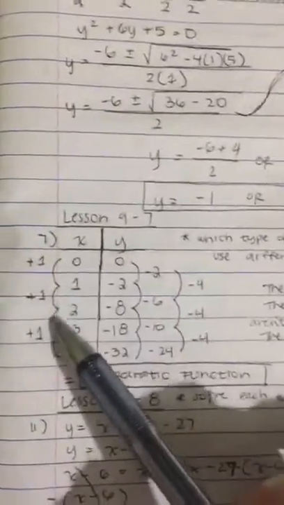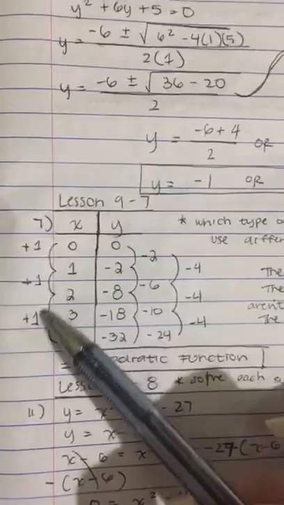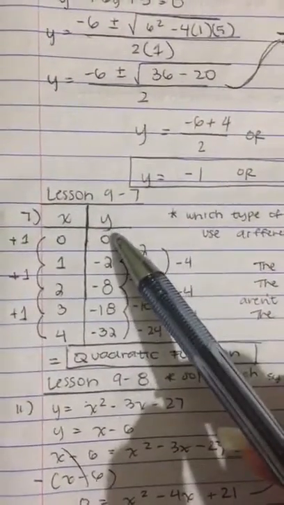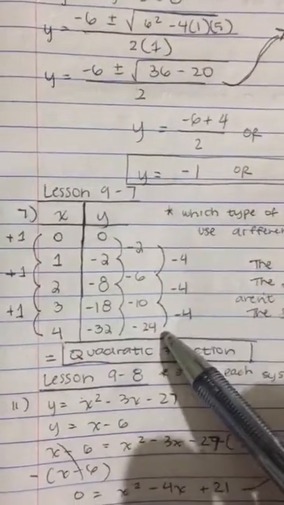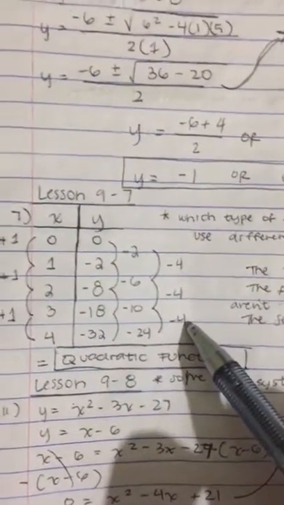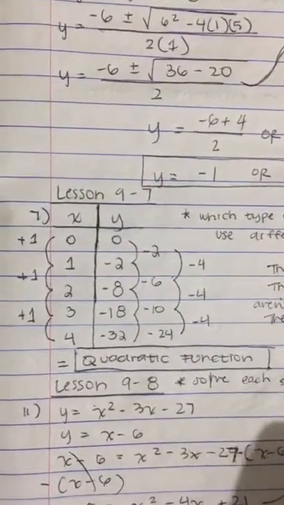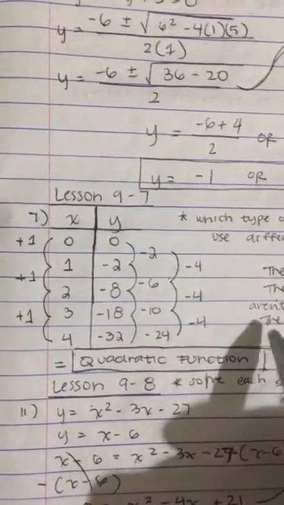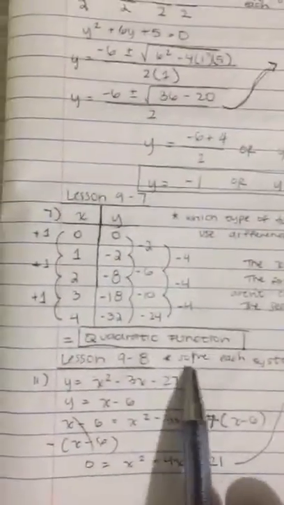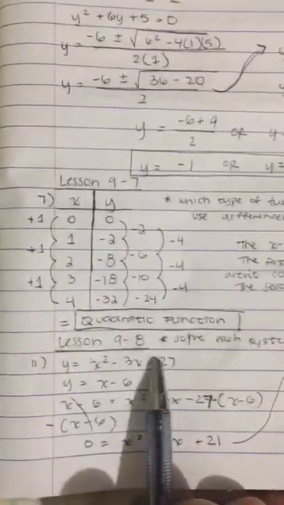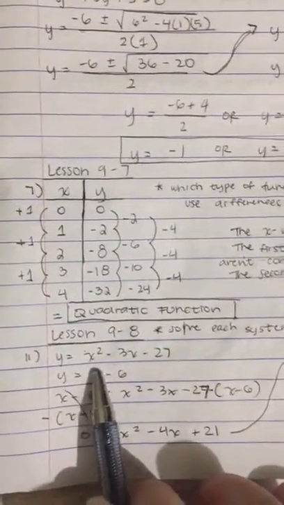So seeing how the x values each go up by 1, they have common differences. The first difference of the y values isn't constant, and the second difference of the y values is constant, making this a quadratic function.